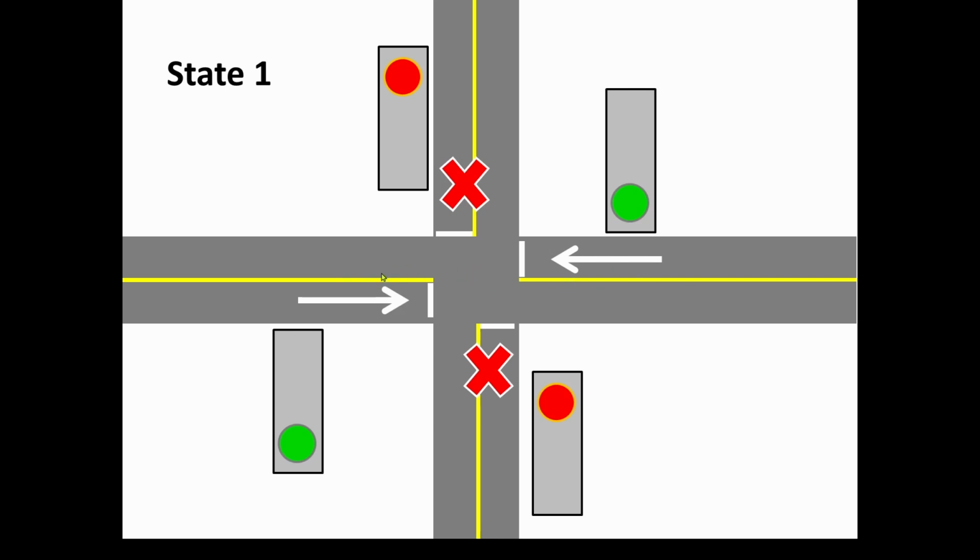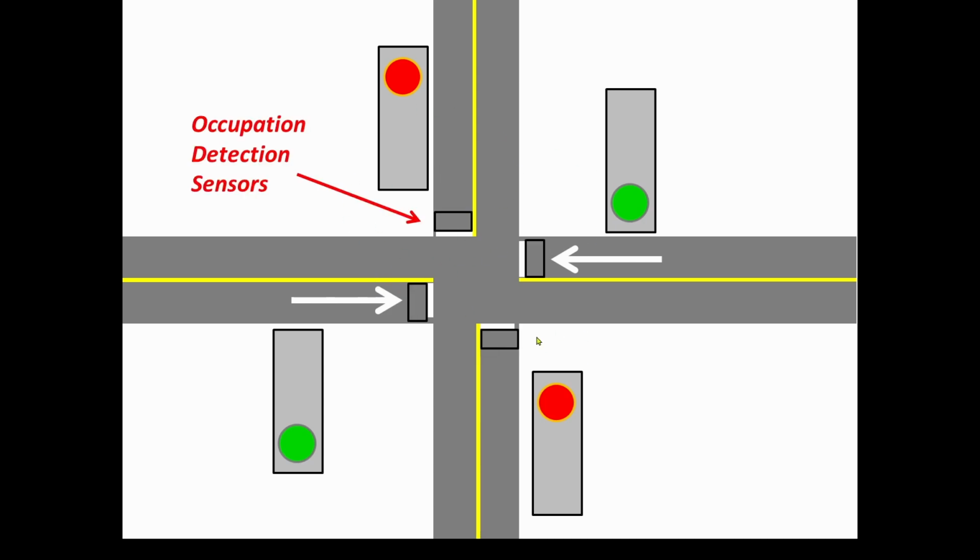So you can see we have 4 states that we have to control with our controller. Now, also, you may be aware, here in the US at least, we often have what are called occupation detection sensors on the lanes. So, for example, let's say we have red lights to these vertical lanes. You see the red lights, and we got traffic flowing on the horizontal lanes.